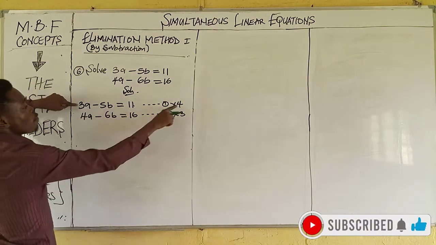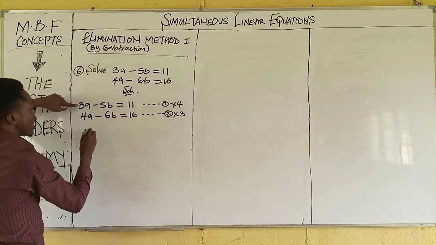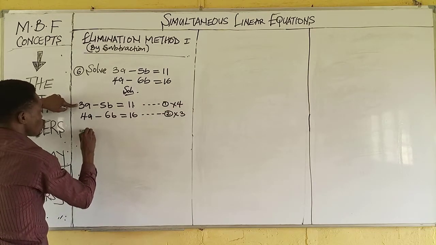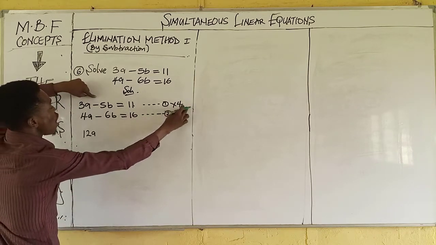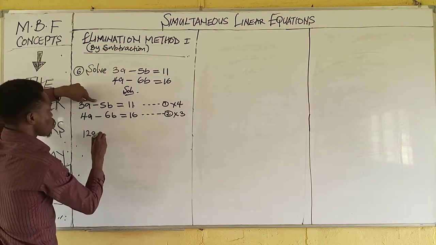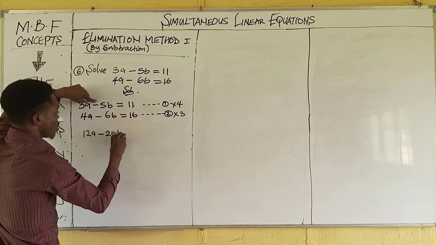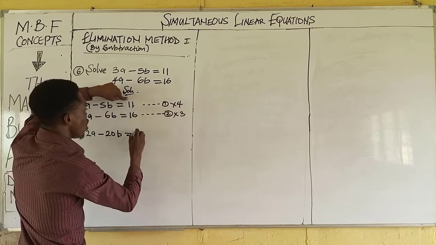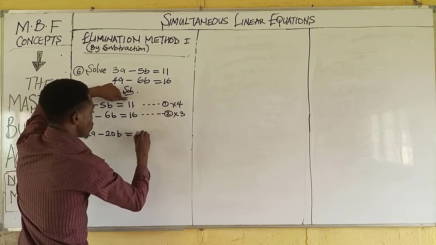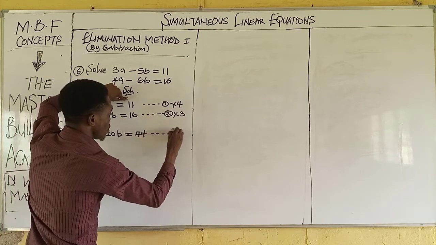So now, 4 multiplied by 3a, this will have given us 12a. Alright? The same way, 4 multiplied by minus 5b would have given us minus 20b, equal to 11 multiplied by 4, this would have given us 44. This is equation 3.